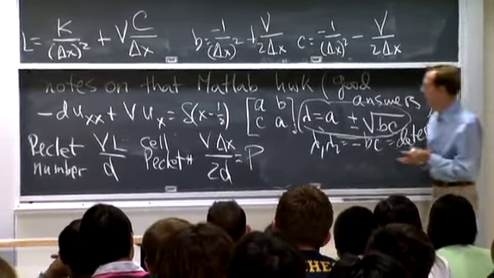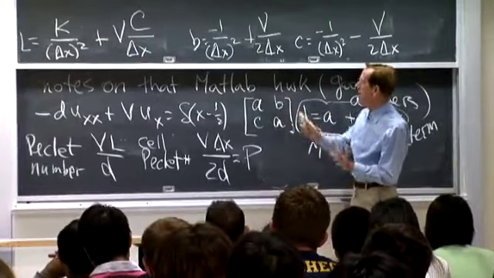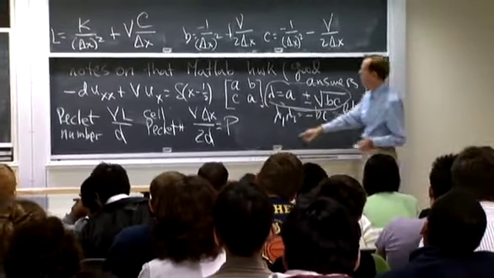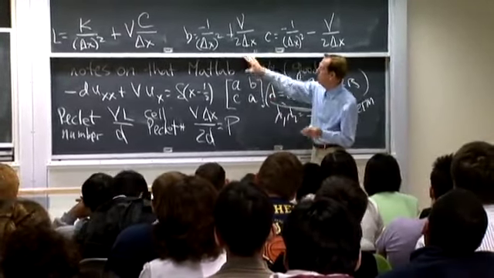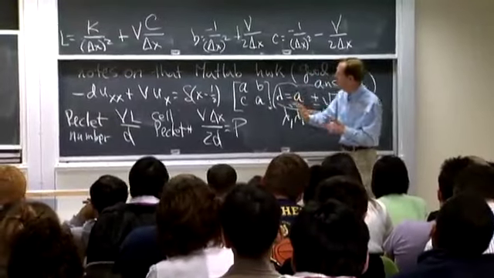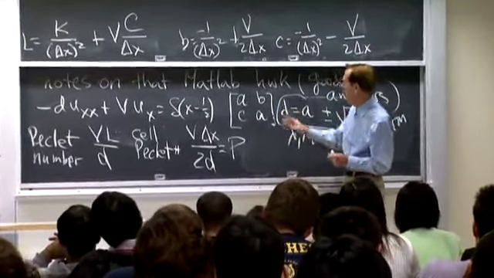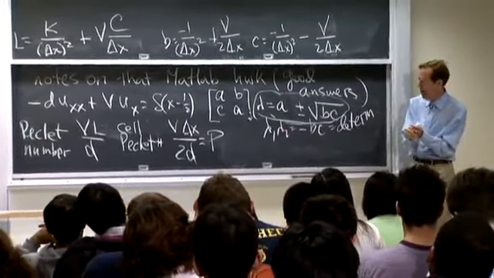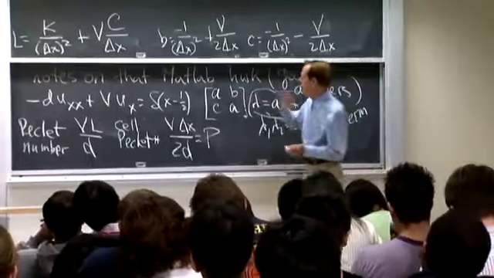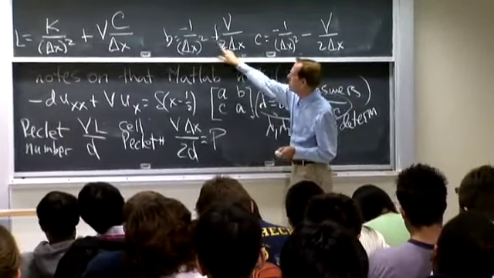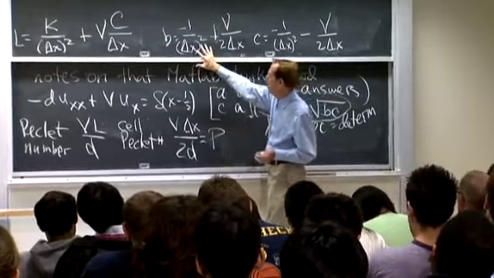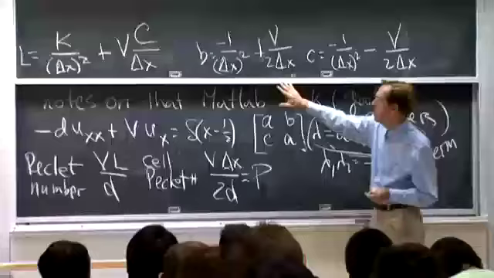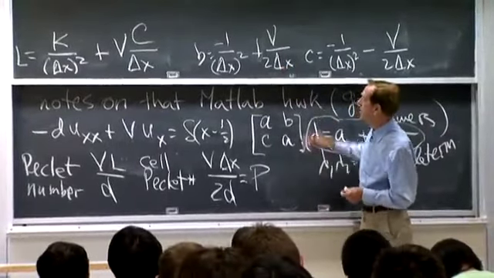So I think the transition that you, I hope, observed comes when B hits 0, when the combination of V and delta x is such that at B equals 0, we switch from real eigenvalues to complex eigenvalues. And when is B equals 0? Well, that's when this negative guy off the diagonal exactly cancels this one.